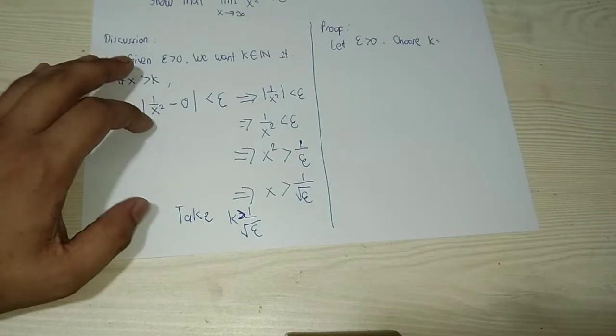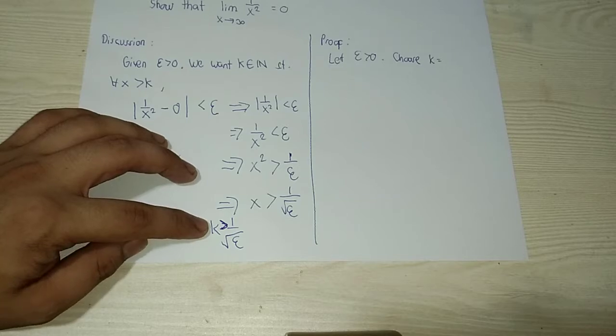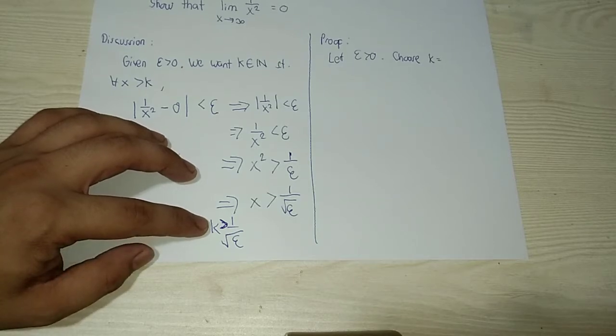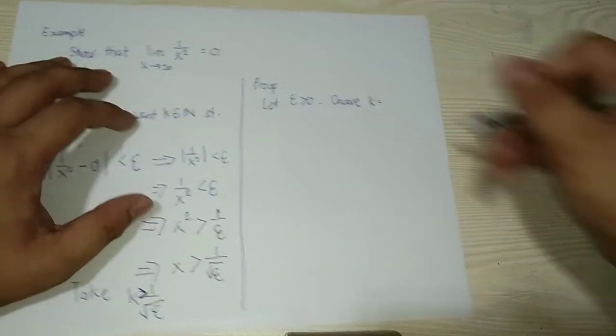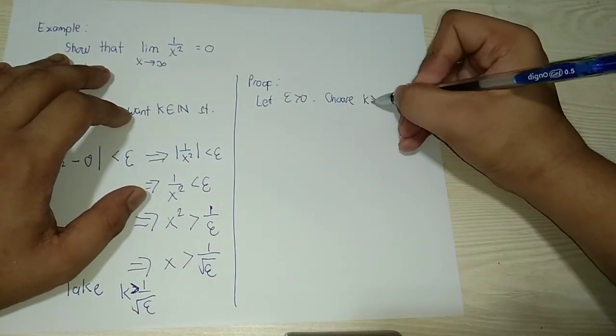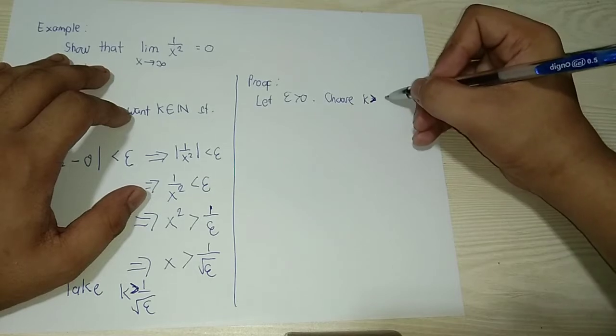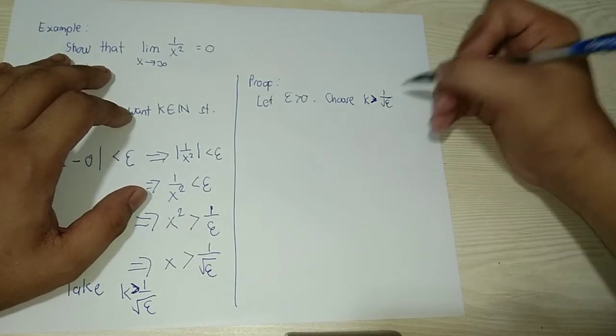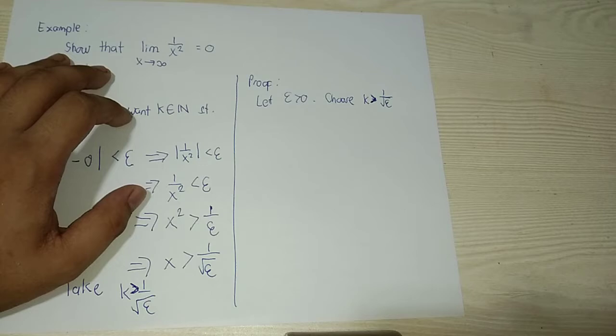That value is the first integer higher than 1 over square root of epsilon. So let's choose k greater than 1 over square root of epsilon, where k is a natural number.